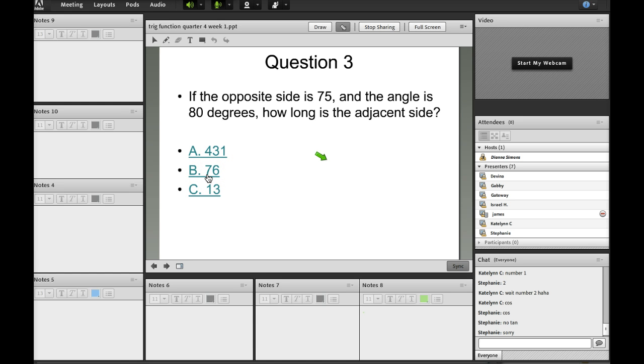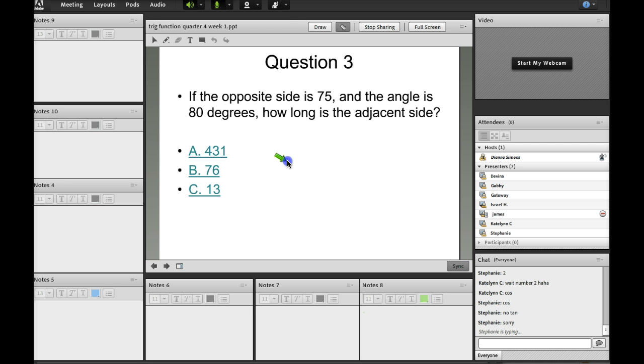Okay, we have a couple cosines, a couple tangents, and let's, oh, this one I don't have the answer. So actually what we would use is cosine, and I don't have my calculator.